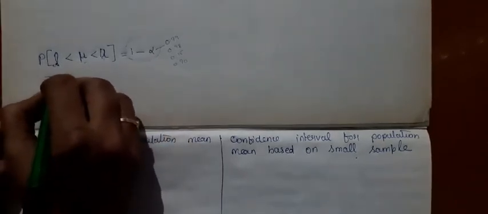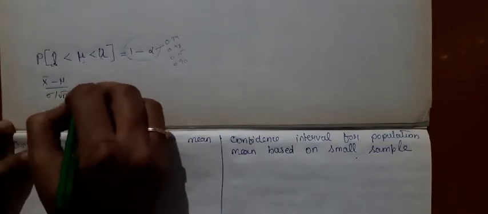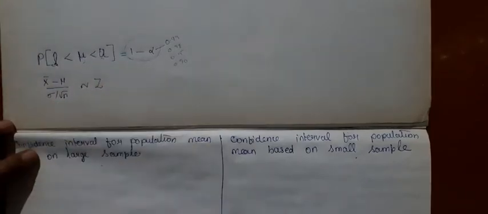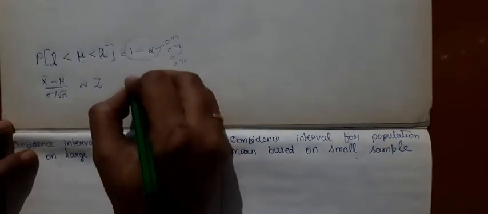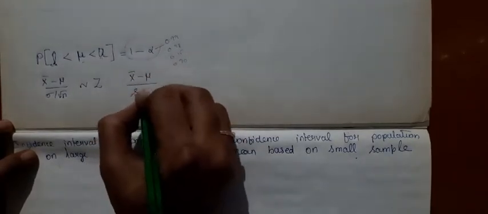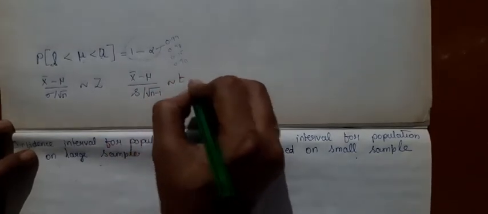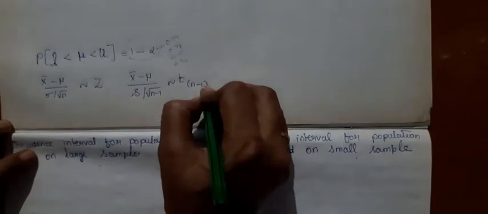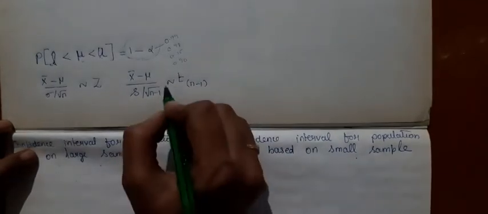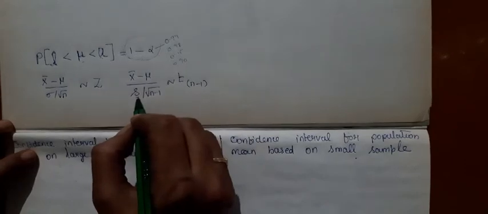We know that (x bar minus mu) by sigma by square root of n follows standard normal distribution, and we have studied that (x bar minus mu) by s divided by square root of n minus 1 follows t distribution with n minus 1 degrees of freedom when the sample size is small and when the population variance is unknown.